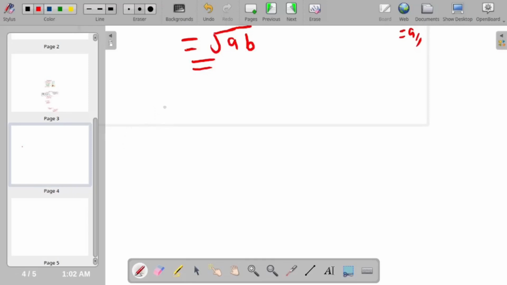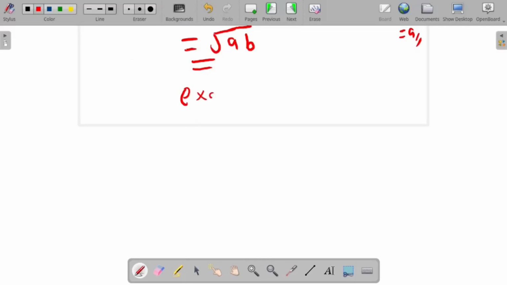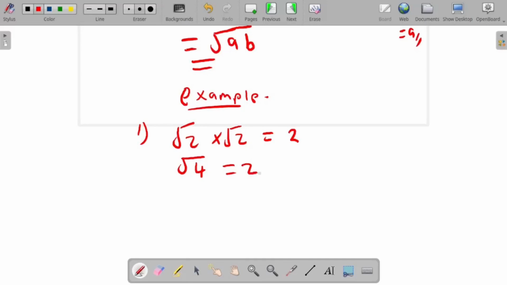An example that I can give on the first rule is basically the root of 2 multiplied by the root of 2, which is eventually going to give us a 2. How? Because the root of 2 times 2, that's a root of 4, which is going to give us a 2.